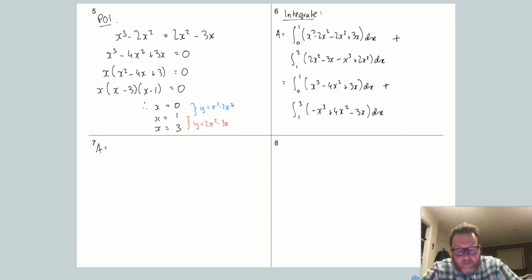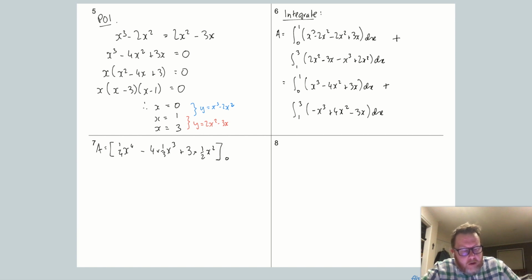So that's equal to, let me see now, x cubed will be x to the power of 4, and then I'll put a quarter on the outside, minus 4 multiplied by a third x cubed, plus 3 multiplied by a half x squared.